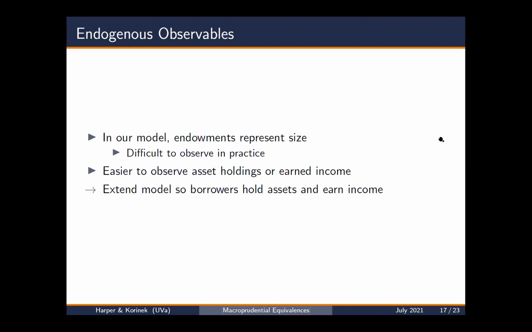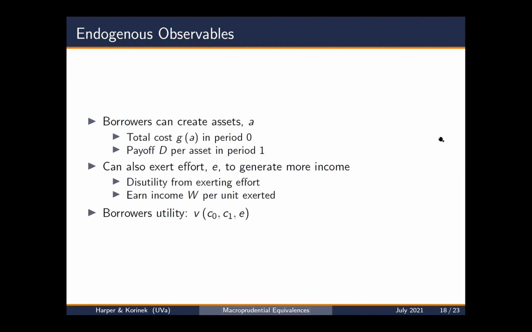The way we do that is we have borrowers that are able to create these assets in period 0, and they have a cost of producing assets, G of A, and the assets are going to pay off in period 1. And the cost of producing assets is increasing as the number of assets increases.